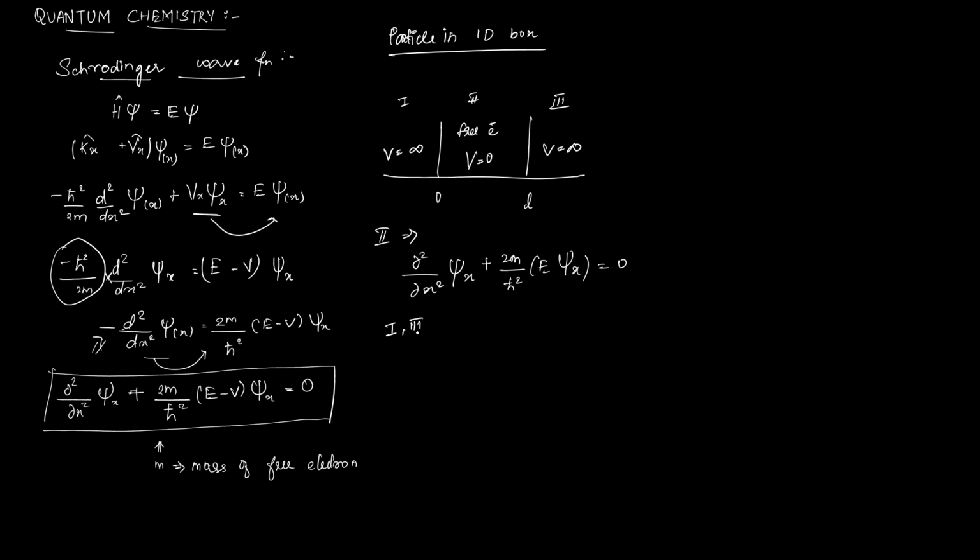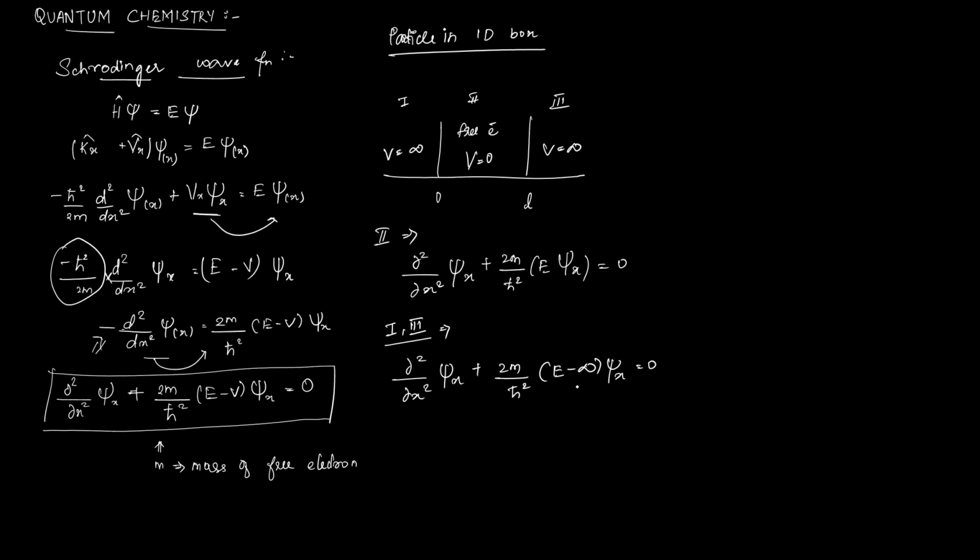So for the first and third region, the boundary conditions are very similar. Now in place of your v you have to put infinity. Okay, so dou square by dou x square psi of x plus 2m by h square e minus infinity v into psi of x is equal to 0. So this is your potential energy.